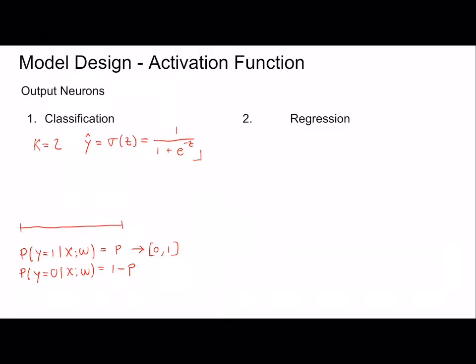our output c at the last layer, where I'm denoting L as my last layer, is essentially W, the weights at the last layer, times the activations at the previous layer, the output of the previous layer, plus b. This is the formula that we had in the previous lecture.